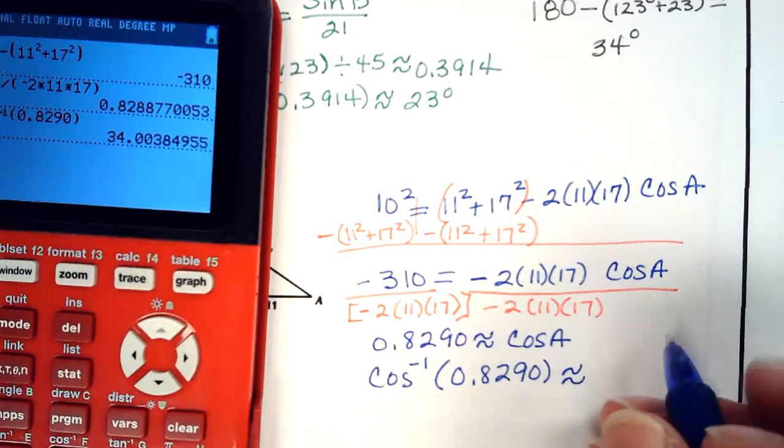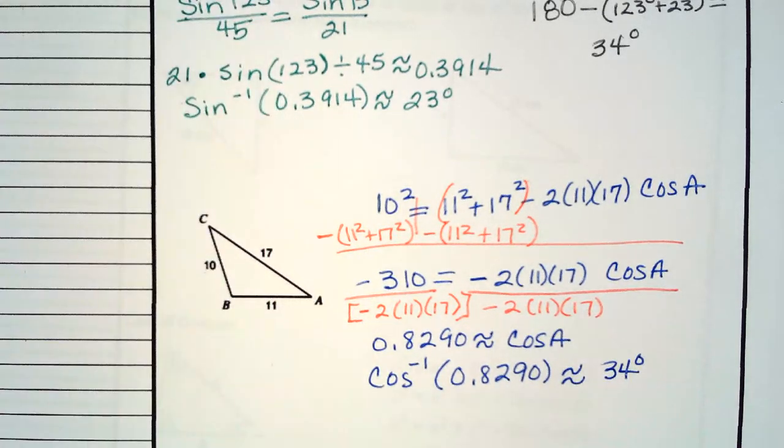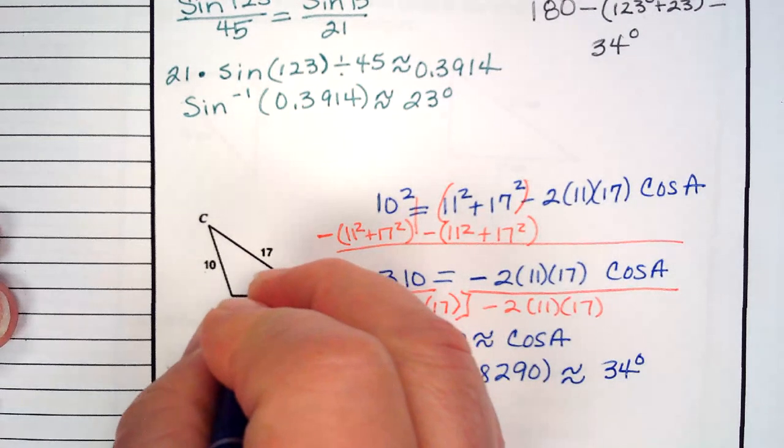And you end up with 34 degrees. Okay, so I found that first angle, which is angle A.